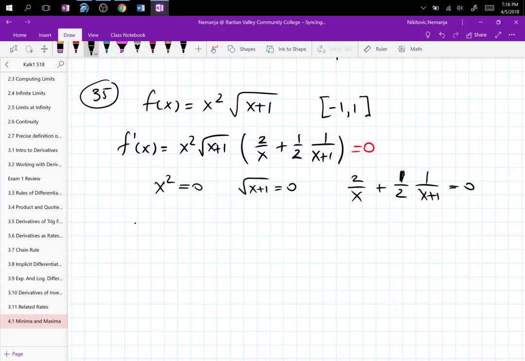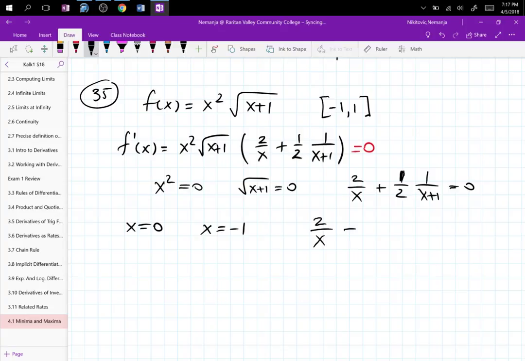The first one has x equal to 0 as a critical number. The second one has x equals -1, right? When you square both sides, you kill the root. And then subtract 1. Now all we need to do is worry about the other side, but this one is not a problem at all.